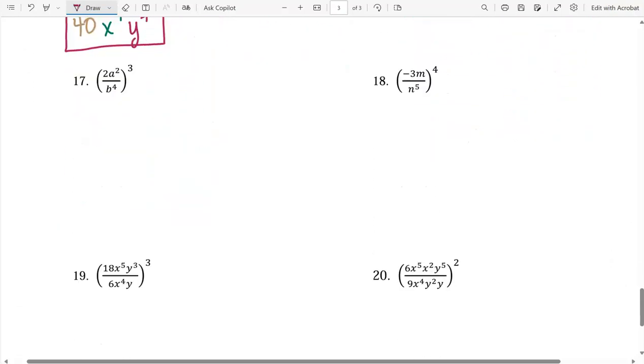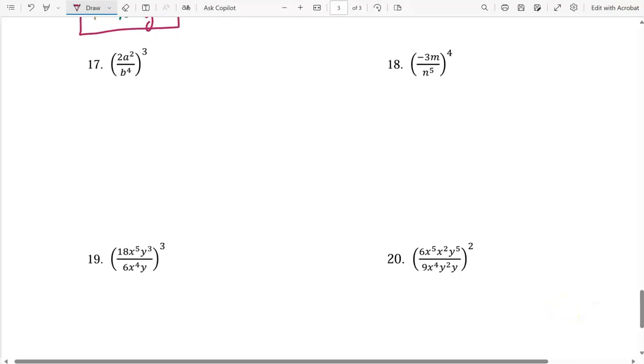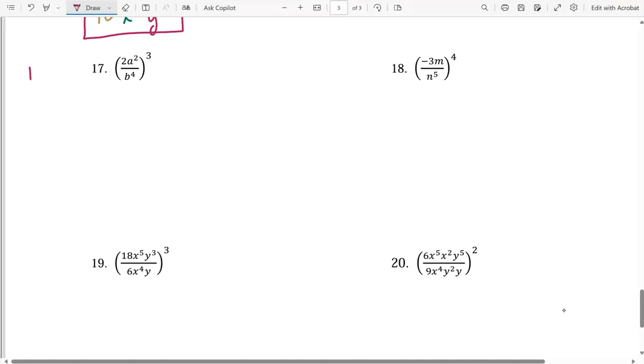All right, we have 4 more examples to go, all of which are going to continue to combine our rules. Don't forget that as we're looking to simplify, there is still an order to that. Everything we're doing is going to have just multiplication or division and exponents going on. There's no addition or subtraction in these lessons. And I'm going to start pushing us to start at the beginning.